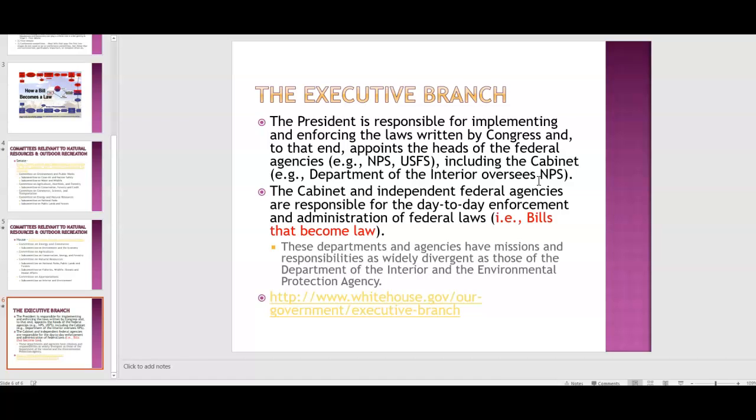In the earlier table I showed you of the different agencies, you can see what department the National Park Service is in, and the Bureau of Land Management. For example, those 2 agencies are in the Interior Department, but you'll notice that the Forest Service is in the Department of Agriculture.